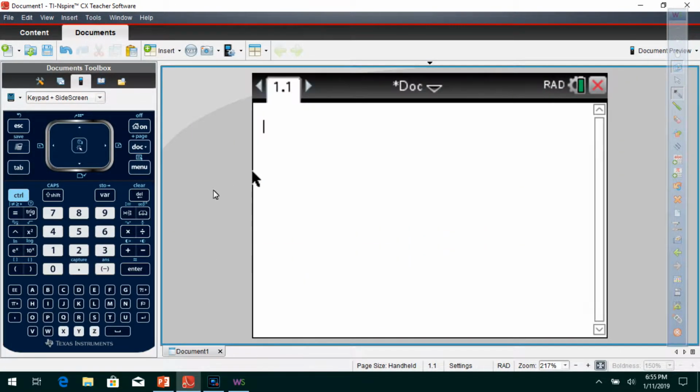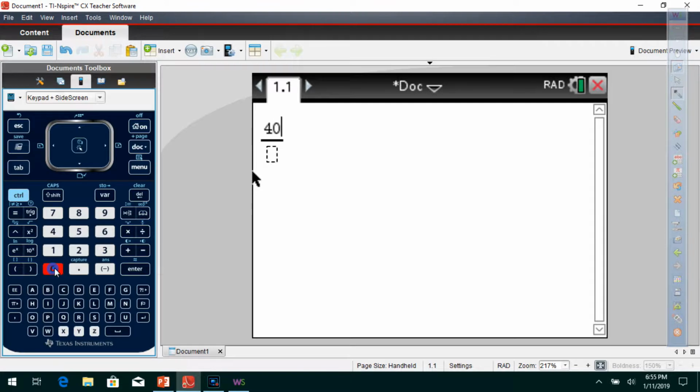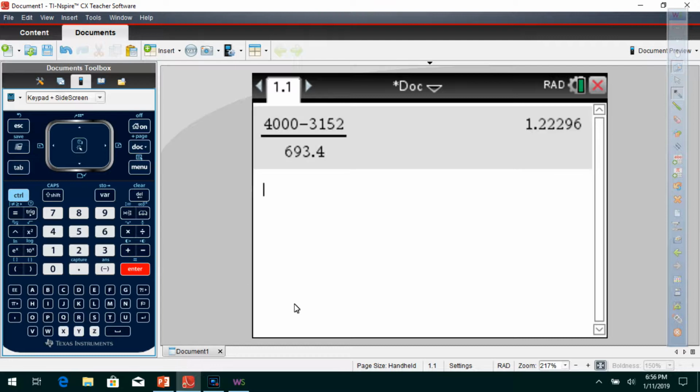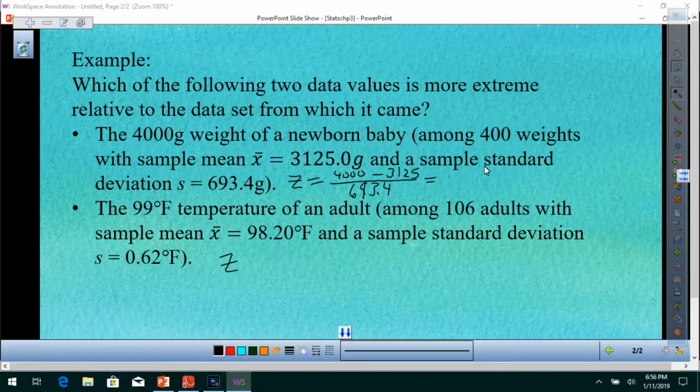Control, divide, 4,000 minus 3,125 over 693.4. Let me check my equation there. All right, and let's press enter. And we get 1.22. So we have a z-score of 1.22.